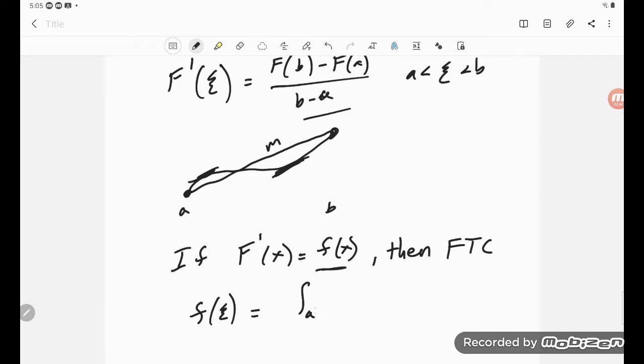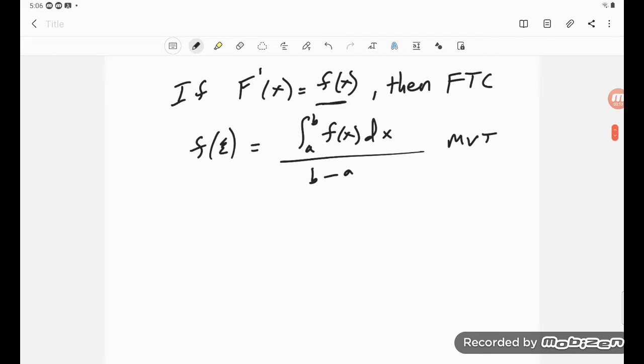That's just the integral from a to b of f of x dx, divided by b minus a. Okay, so that is also a mean value theorem. It's just a different way to write it using the fundamental theorem of calculus. So that is the form of the mean value theorem that they're going to use.